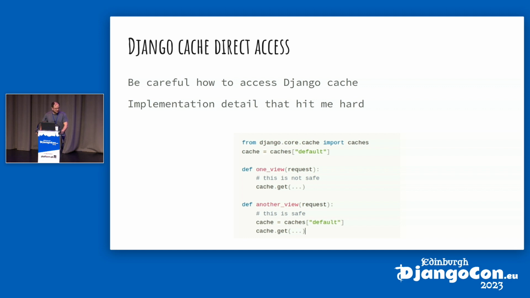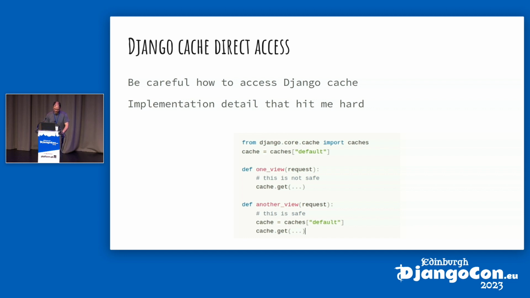Okay, so I talked about cache page. It's the common use case, the more documented use case. But you can use Django cache for anything. You can just access the cache and set something there. After some time, you get that back and reuse it the way you want.